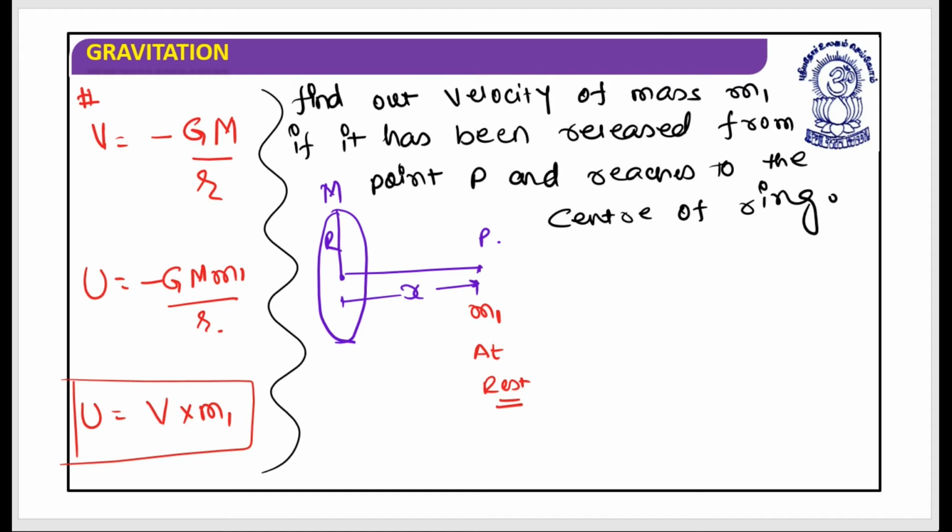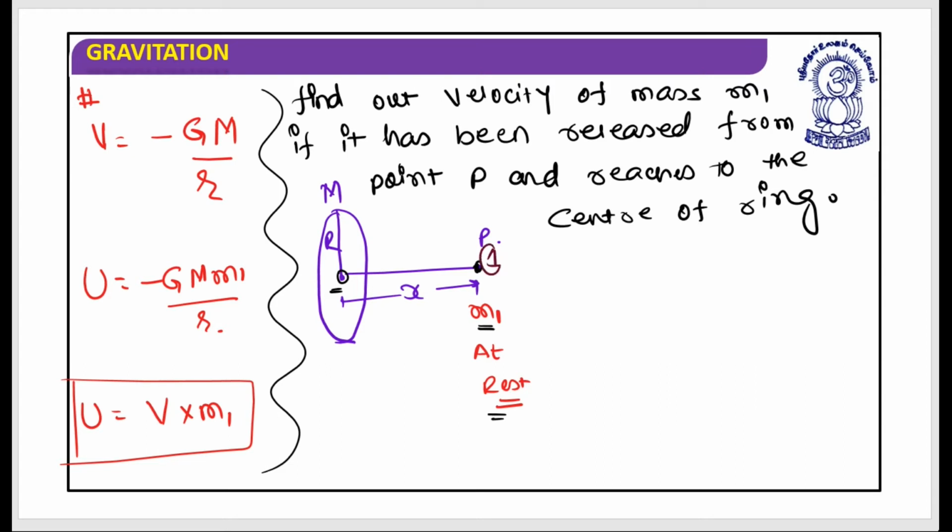So what I need to do is find out the velocity at this point, the center of the ring, if this mass m1 is released from rest. What would be the velocity at the center? Simply, we are going to use energy conservation.